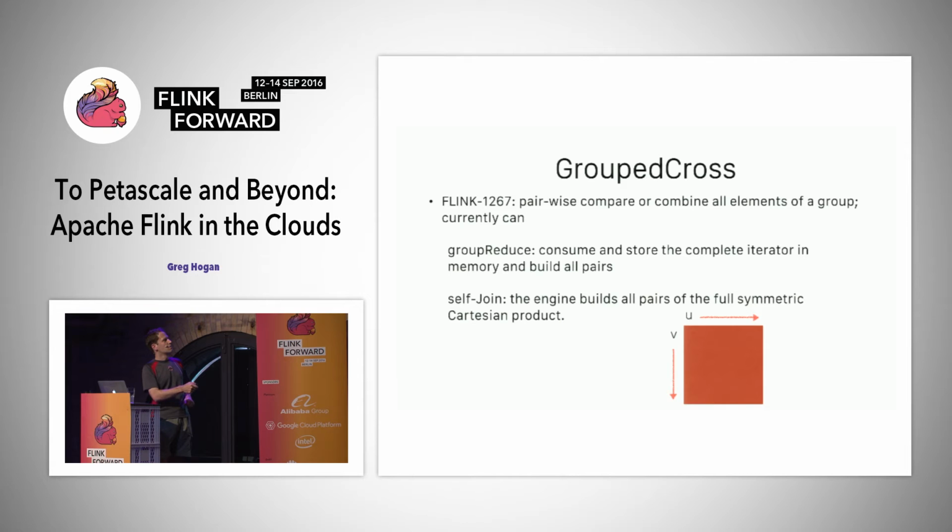We want to do a pairwise combination of all elements of a group. Our current options for this are to group reduce, which requires the user to store all elements, and of course, users are limited in the memory they have. The second option is to do a self-join, which duplicates the amount of data transmitted over the network. So neither of those are optimal.